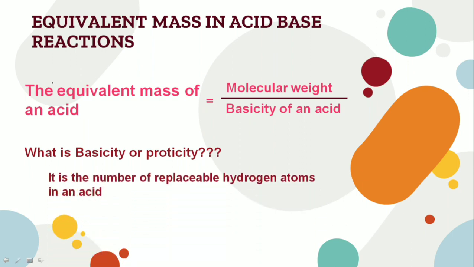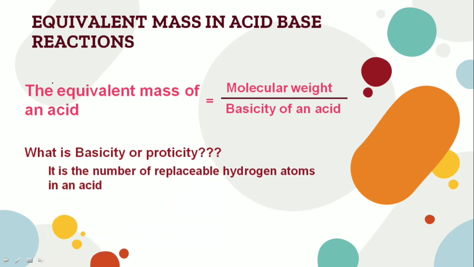Basicity or proticity, my dear students, is the number of replaceable hydrogen atoms in an acid. That is basicity. Molecular weight divided by that basicity gives the equivalent mass of the acid.